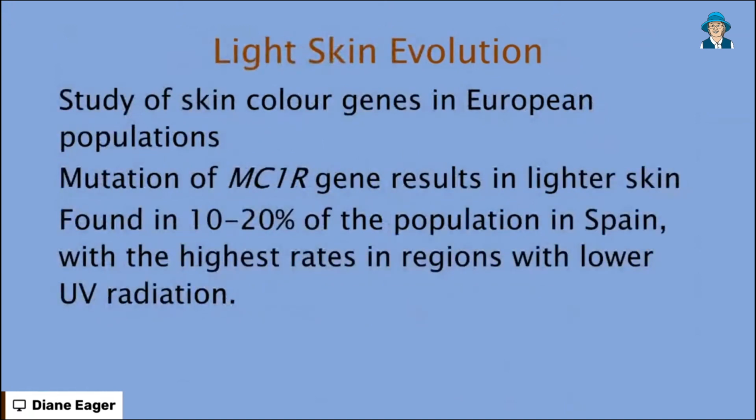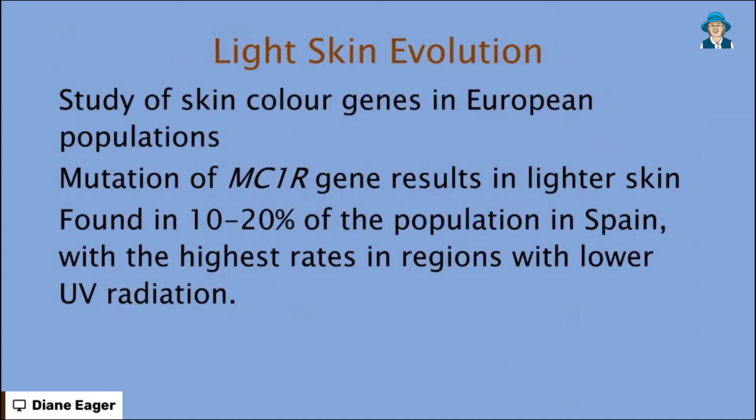Well, a few years ago, we reported this in our newsletter, and it's on our fact file now. A study of skin color genes in European populations looked at a particular gene called MC1R. You don't need to worry about that. And they found a mutation of this gene that results in lighter skin.